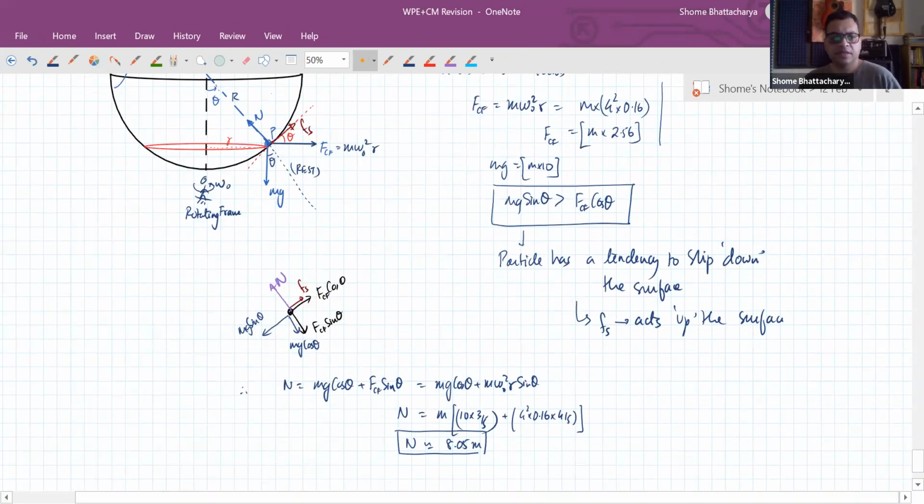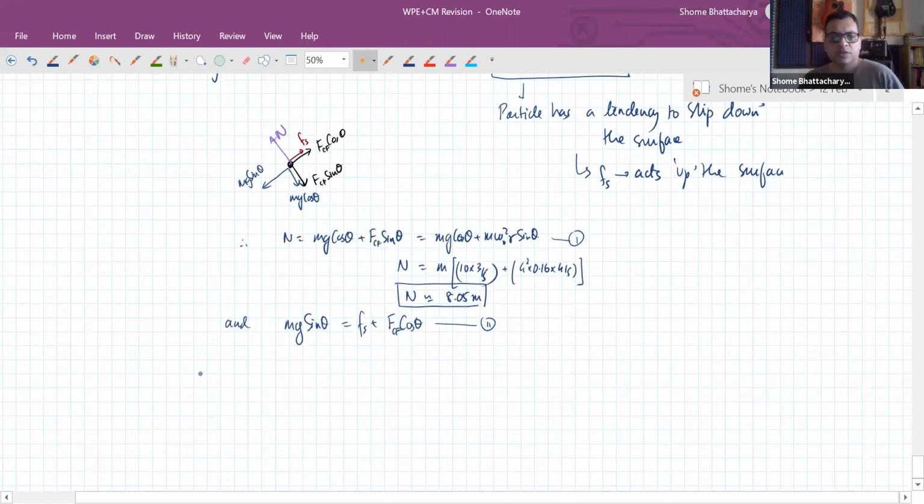And next, from the tangential direction to the surface, we can see that mg sine theta is balanced by the combination of static friction plus centrifugal force's cos theta component. This is our second equation. So let us solve this now. This will tell us that static friction is mg sine theta minus m omega naught square r cos theta.